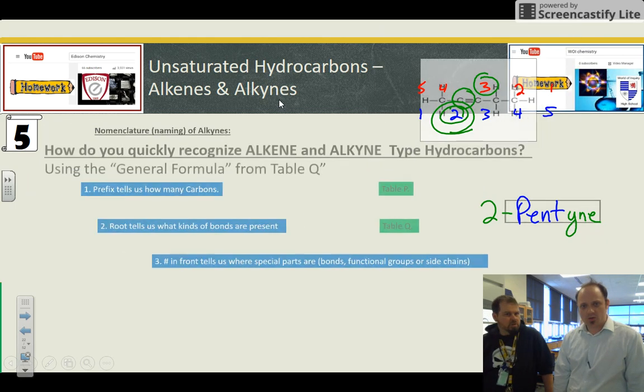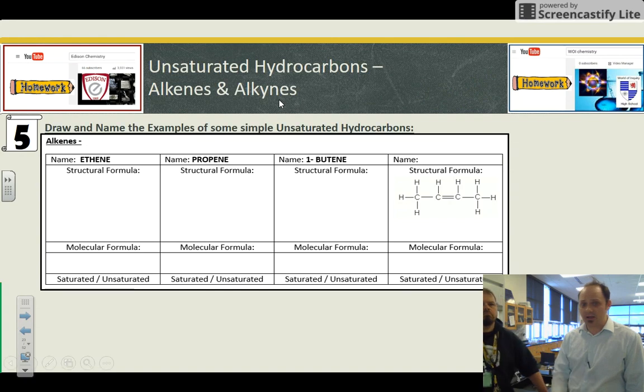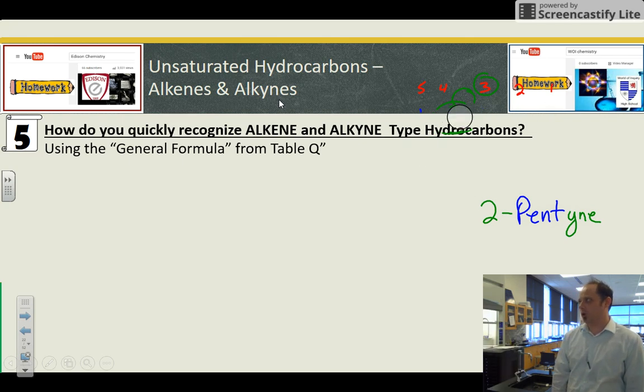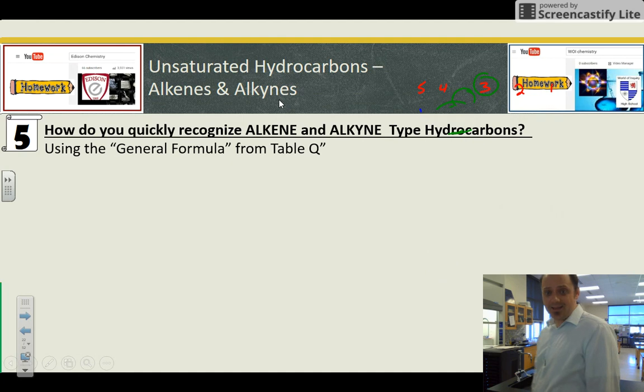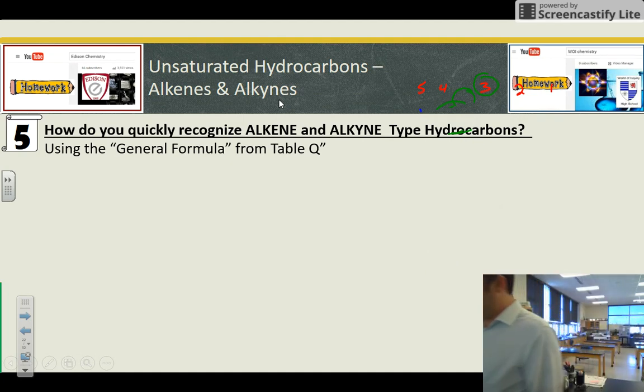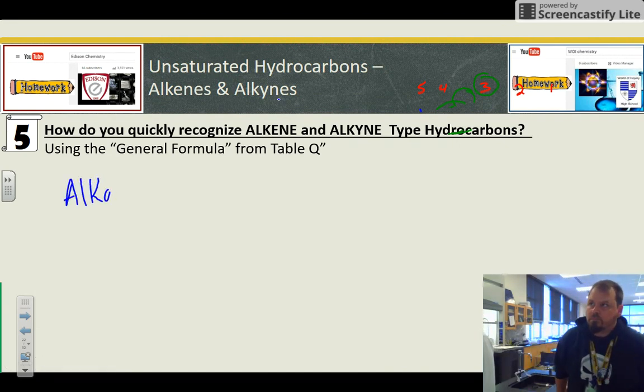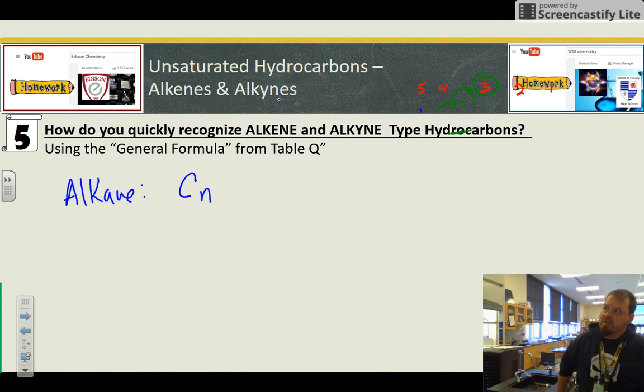Okay. So how do you quickly recognize alkane, alkene, and alkyne type hydrocarbons? General formula from table Q. Alkenes and alkynes will have double or triple bonds, so they're going to look like this. So alkanes are CnH2n plus 2.